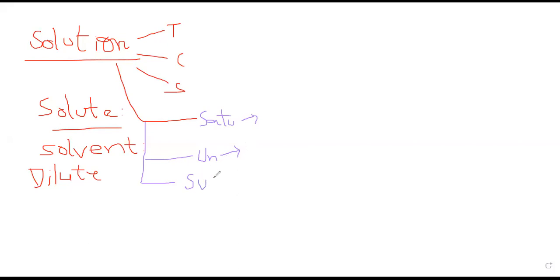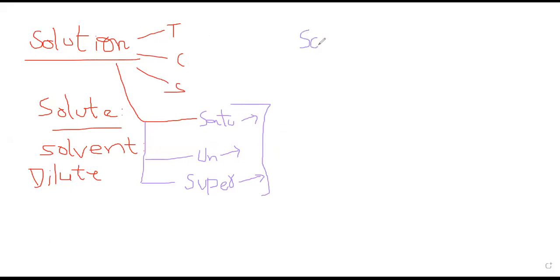Then what is supersaturated solution? That is where more solute is dissolved when compared to the required amount. That is known as supersaturated solution. In a supersaturated solution, sedimentation or precipitation takes place. Okay, and what is meant by solubility?